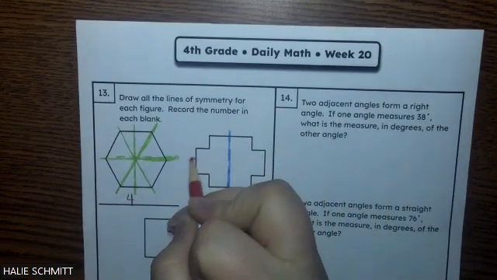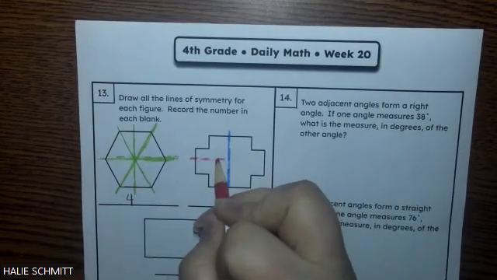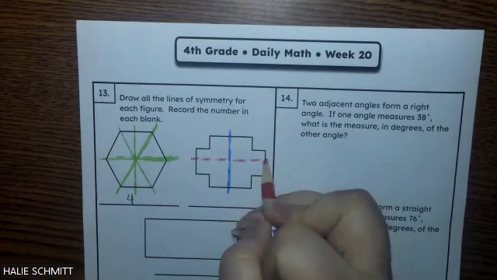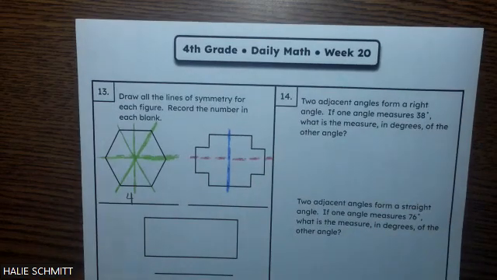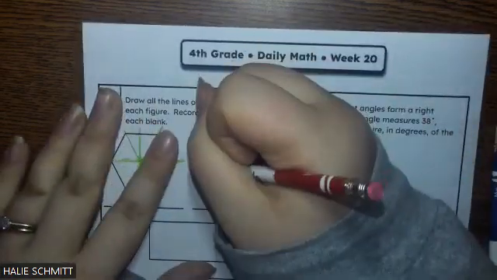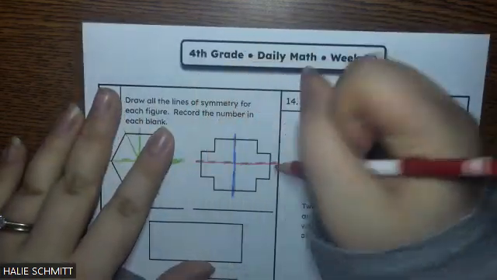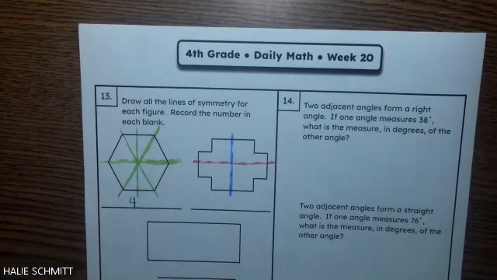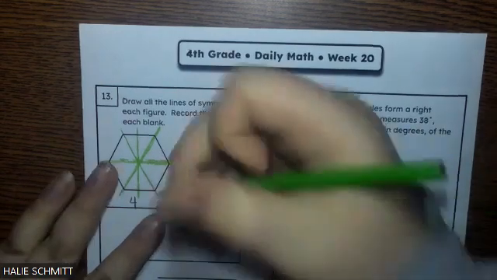Horizontal. Start off with it being dashed. Does this side and this side look the same? Yes. Fantastic. Let's go diagonal.